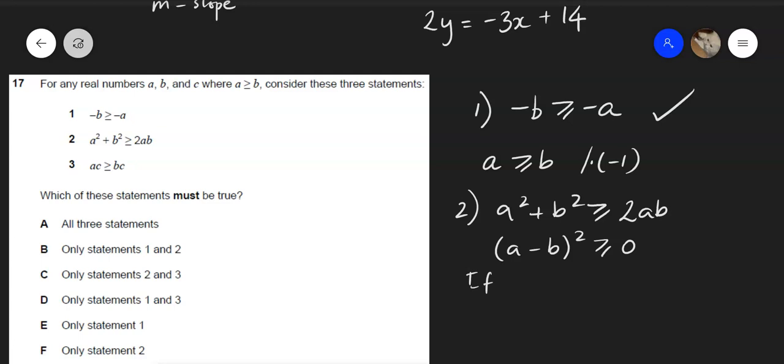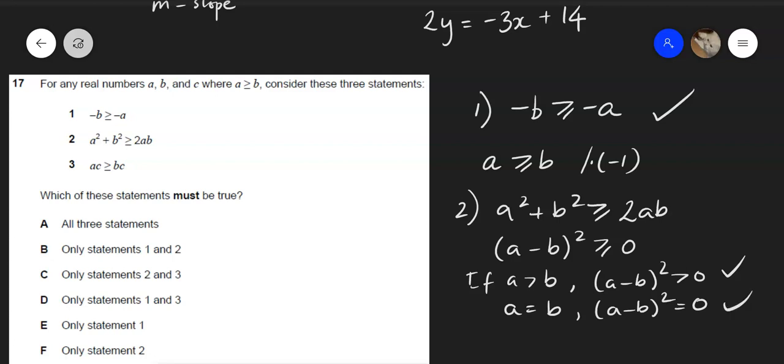Now, if a is greater than b, then definitely a minus b squared will be greater than 0. And we need to also check when a equals b, then a minus b squared is equal to 0. Okay, that's satisfied as well. Therefore, we can make the conclusion that the statement is correct.